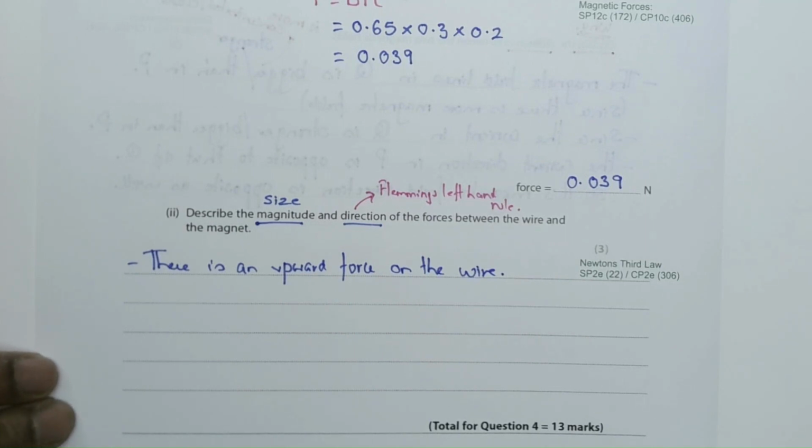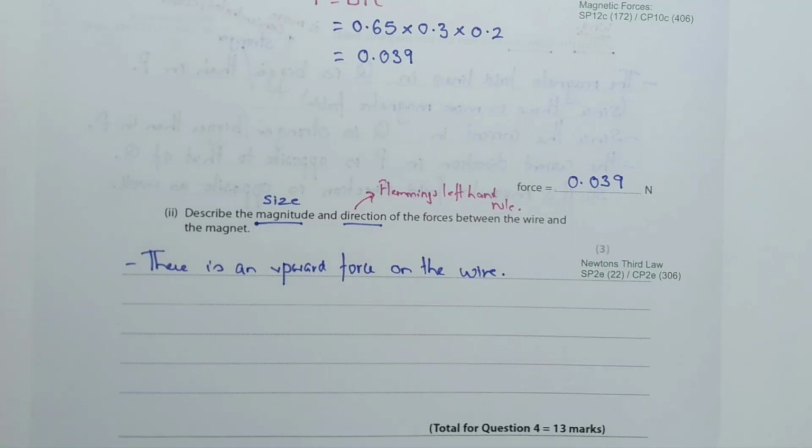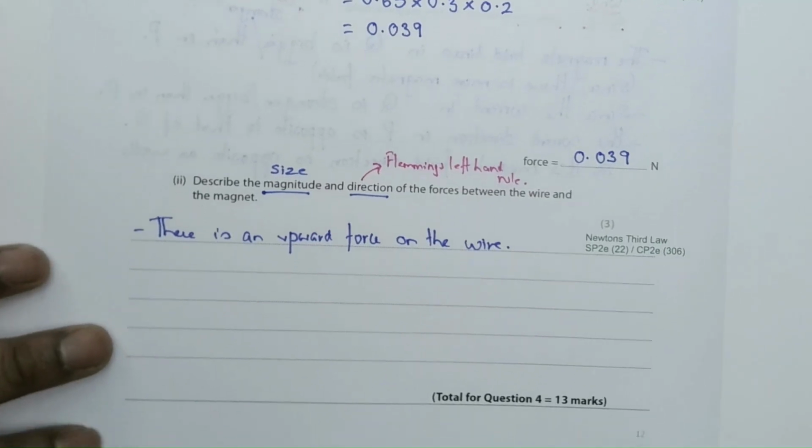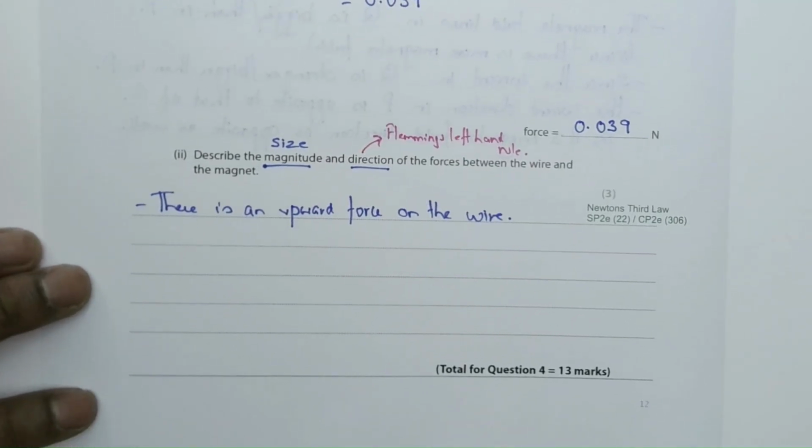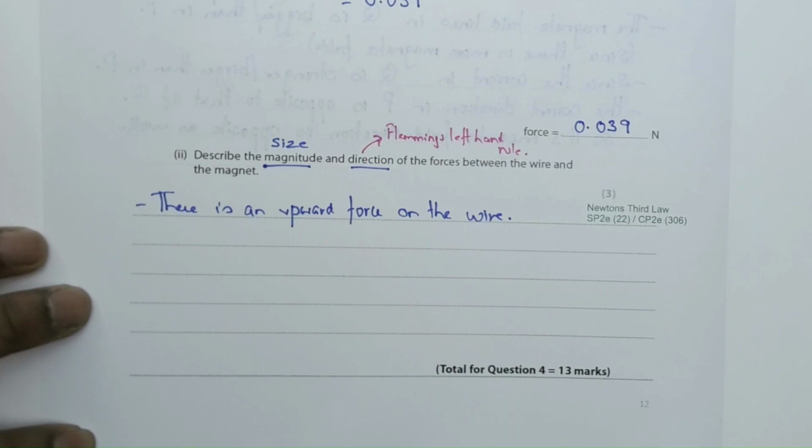Now in order to describe the size, we will have to think about Newton's third law. Now what does Newton's third law indicate? Let me make a small note on this at the bottom of the page, right?